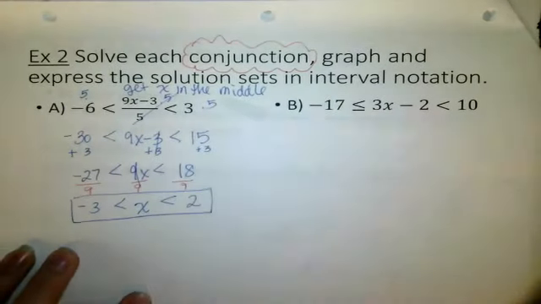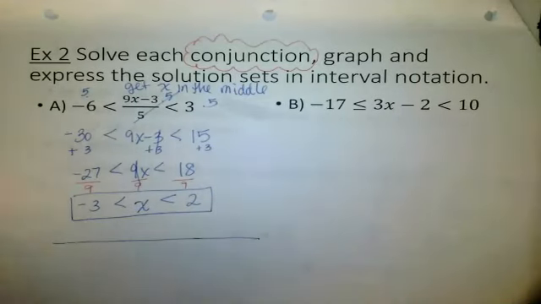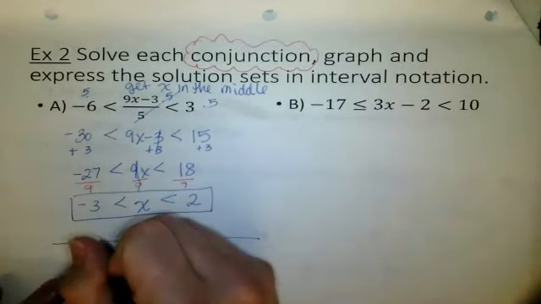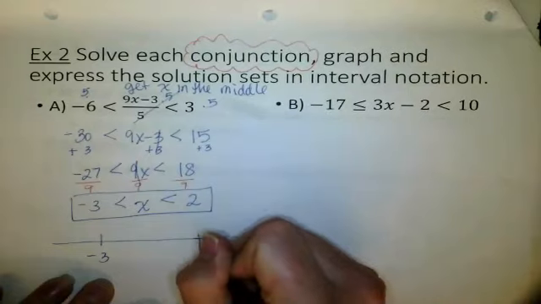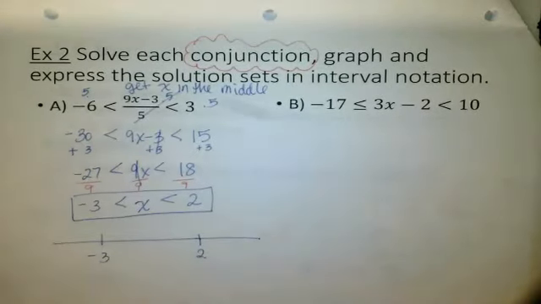I'm going to graph this on the number line. And what we have are two interesting values here. I have a -3 and a 2. I'm going to use two different colors so that you can see.